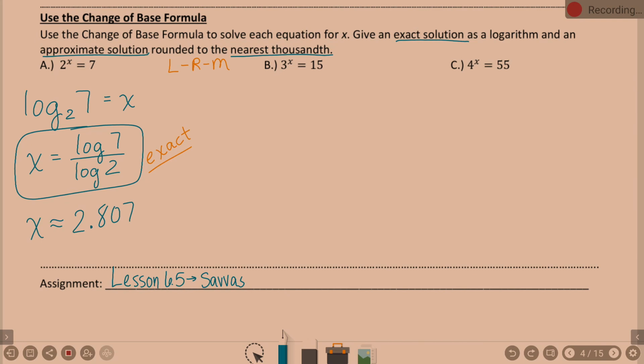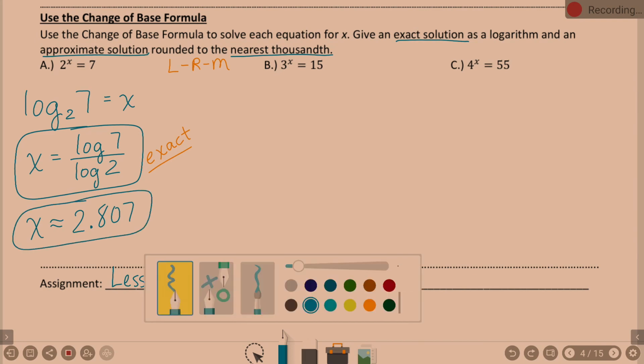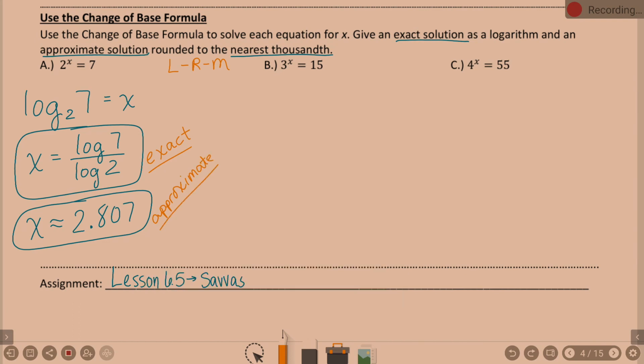Because either A, you stole the answer from above, or B, you typed it back into your calculator again. That is my approximate answer. It's an approximate answer because I have rounded it. Okay. Easy enough.